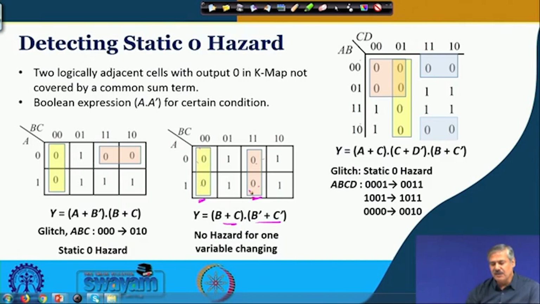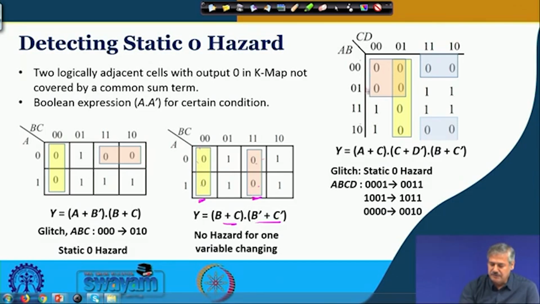Now, we look at a 4 variable example. In this particular example, you see the presence of zeros and ones in the truth table, and to get the optimized expression, we look for grouping of zeros with the largest possible group size.